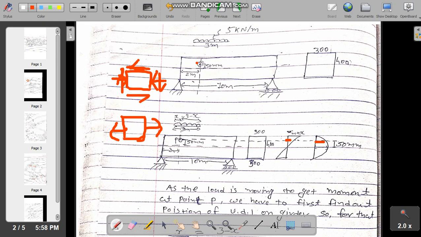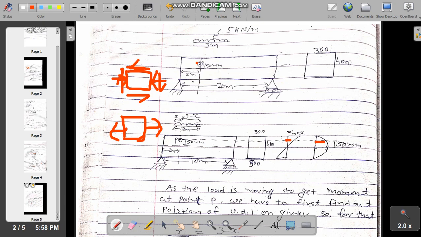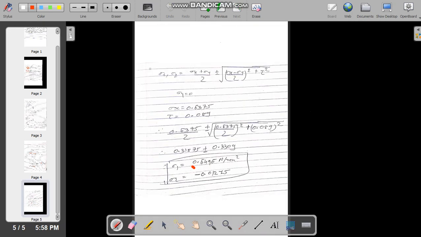As we know, our principal stress formula is sigma 1/sigma 2 equal to (sigma x plus sigma y)/2 plus or minus the square root of ((sigma x minus sigma y)/2) squared plus tau squared. So this is our principal stress formula. From here we can say we have to find sigma x and tau.